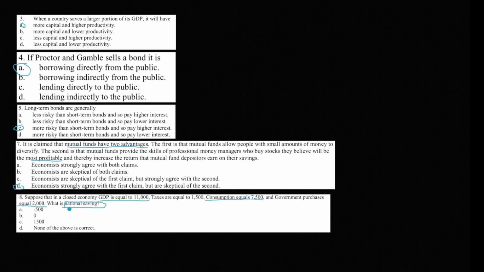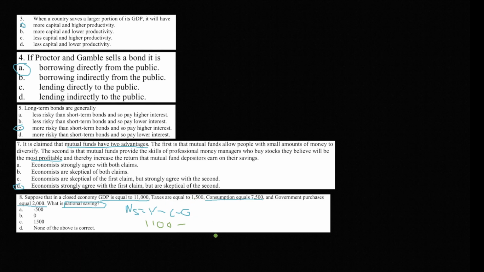National saving. Well, we know that in a closed economy, national saving, let's call this NS, is going to be GDP, which is Y. I don't know why I wrote G. Y minus C minus G. So that is 11,000 minus... we don't need this 1,500.